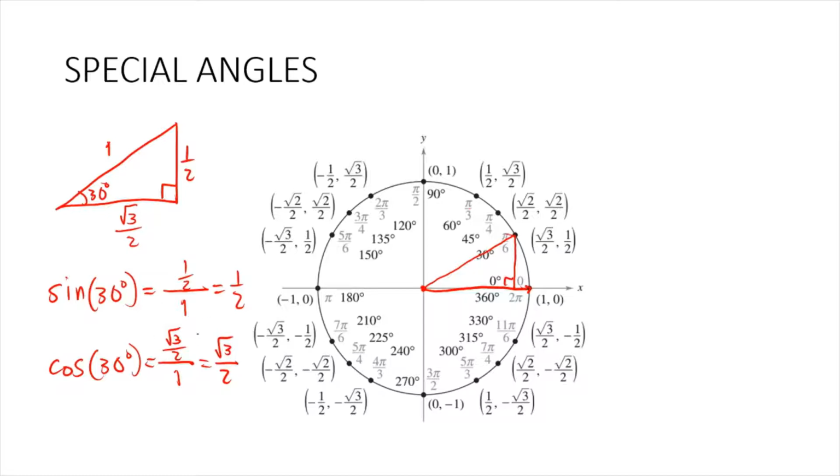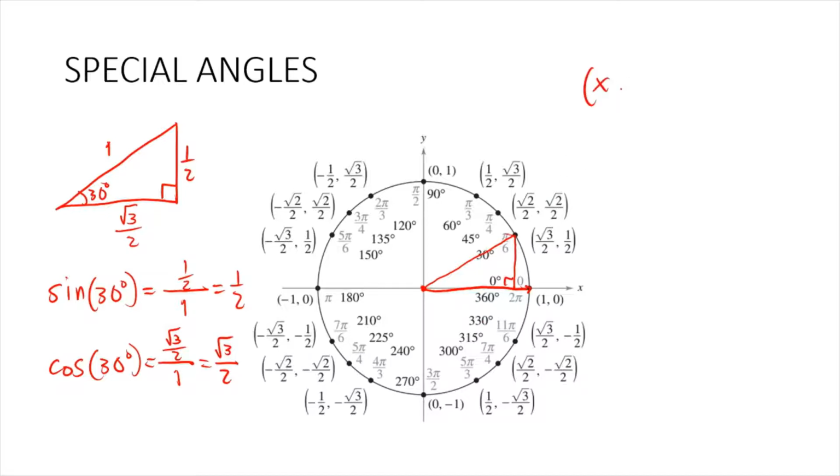If you notice, the denominator is always 1. This is because the radius of the unit circle is 1. Therefore, we can just say that the value of the sine function of any special angle is equal to the y component.